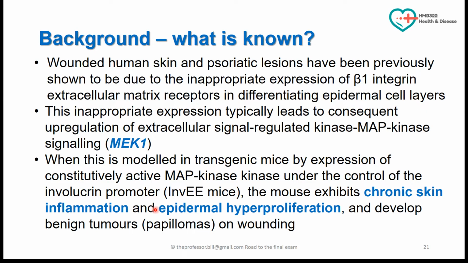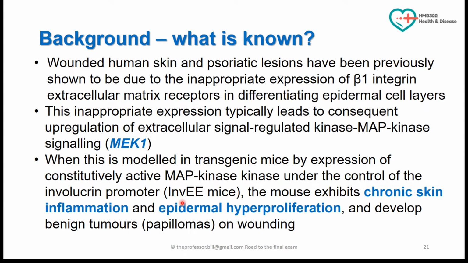We call this mouse, which has constitutively active, always turned on MEK1, or MAP kinase 1, under the involucrin promoter, an INV mouse. The IN or INV part comes from the involucrin that I'm going to talk about in a moment.